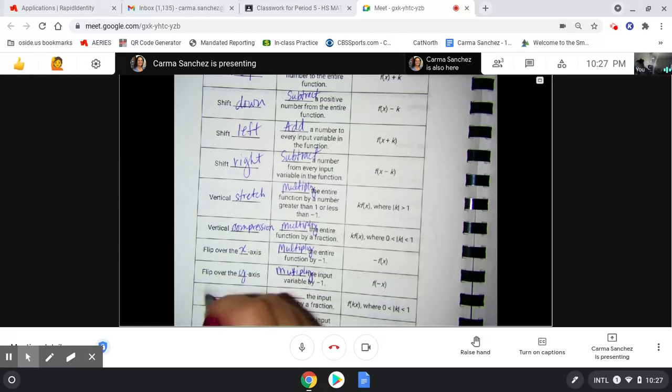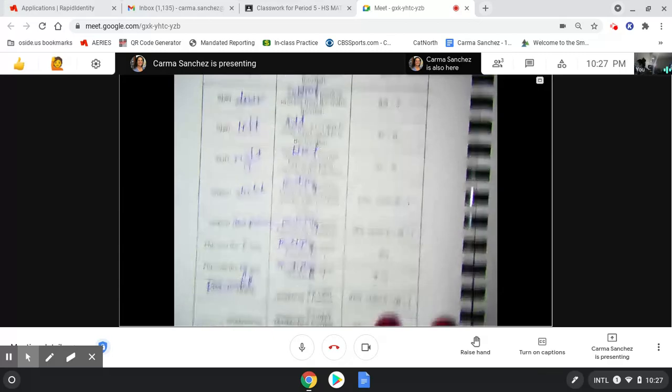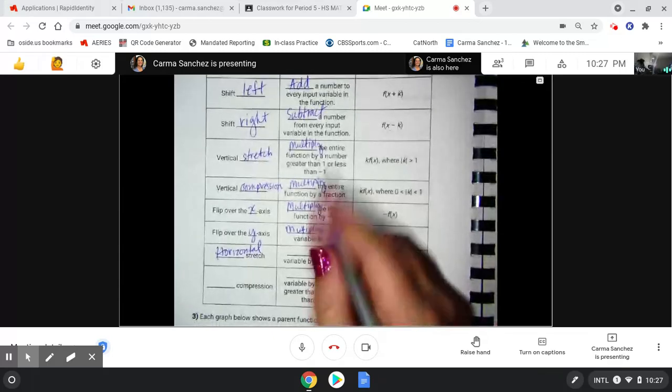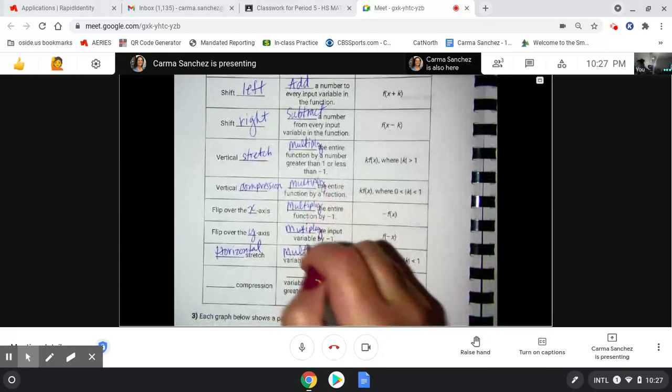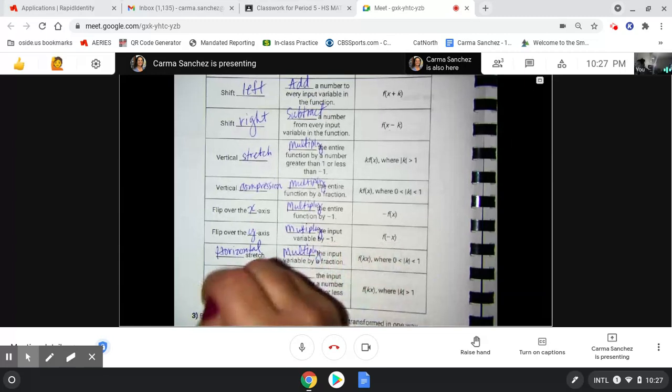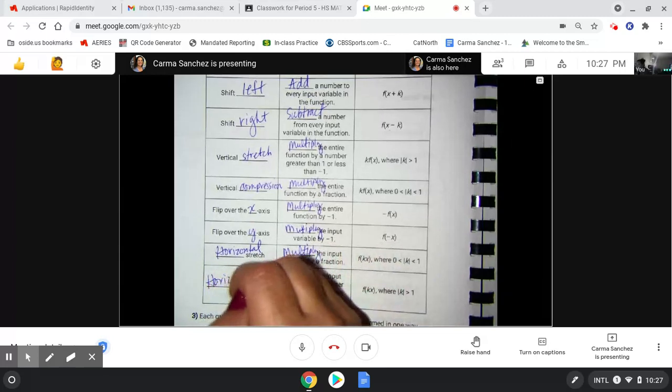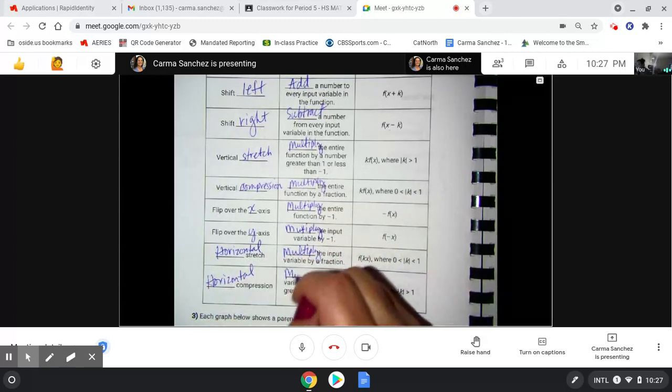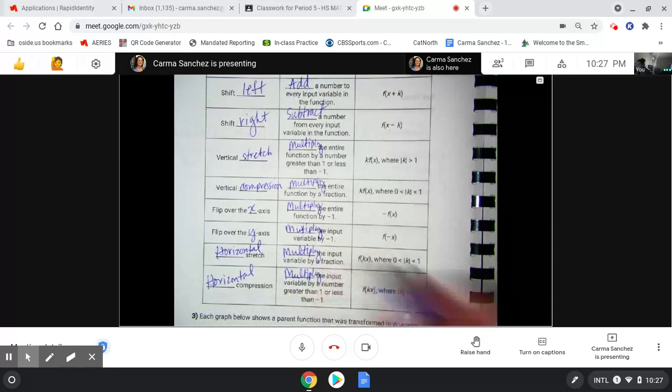A horizontal stretch is when you multiply the variable by a fraction, and a horizontal compression is when you multiply the input by a number that is greater than 1 or less than -1.